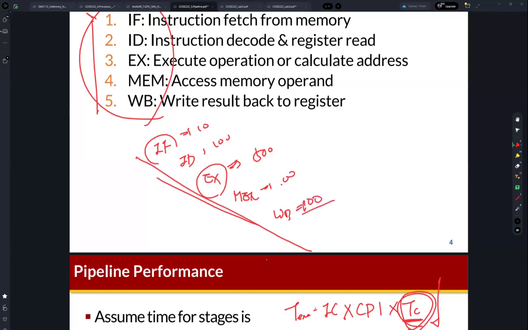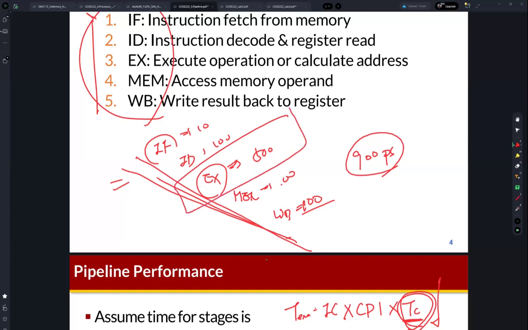The total execution time in a single cycle processor is 900 picoseconds in this case, but if we just apply 5-stage pipelining to this processor design, the stage that exhibits the longest delay decides the clock period. So in this case, this is 500 picoseconds.